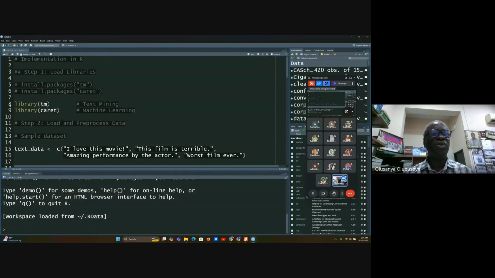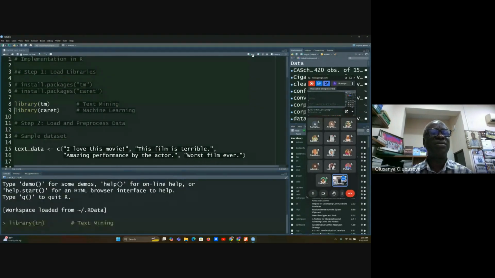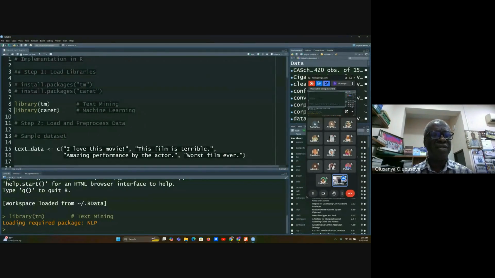We need to load the packages after you have installed. Lines 5 and 6 will help you install if you have not, but to do that, you need to get rid of the hash there. After you have installed, you can now load the text mining package and Caret. It has loaded.